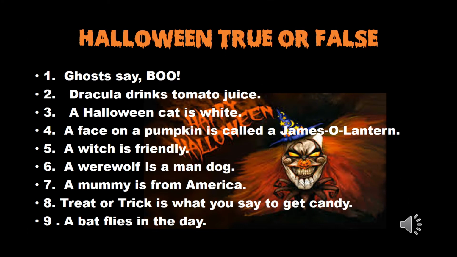A Halloween cat is white. False. 4. A face on a pumpkin is called a James-o'-lantern. False. 5. A witch is friendly. False. 6. A werewolf is a man-dog. False.